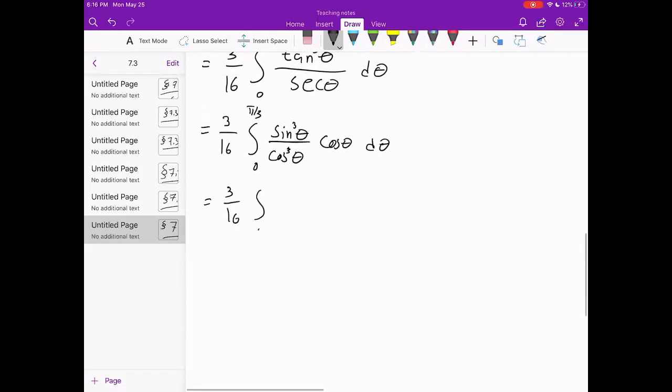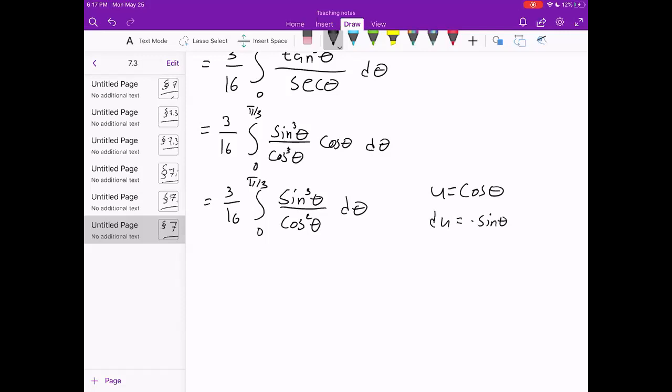We're going to keep going, 0 to pi over 3. Now I have sine cubed theta over cosine squared theta, because one of the cosines canceled out, d theta. And now this is something I can do. So I can do a u substitution. u is equal to cosine theta. That way du is negative sine theta d theta.